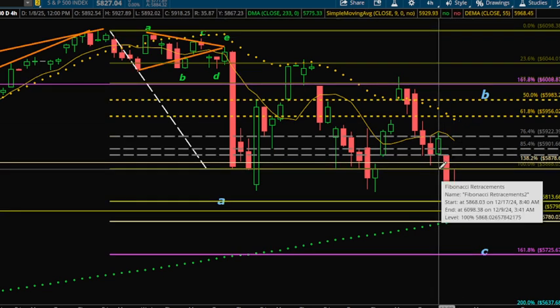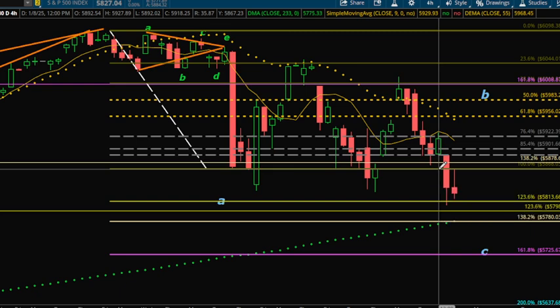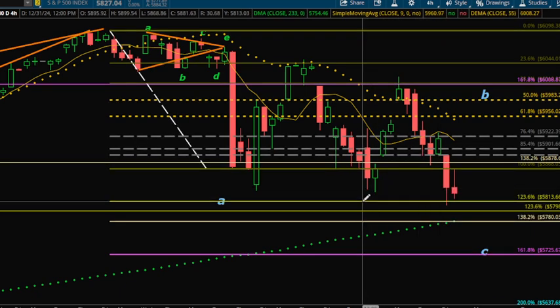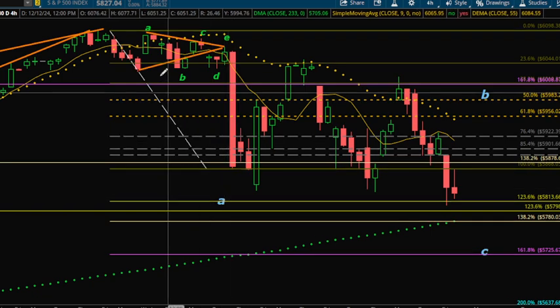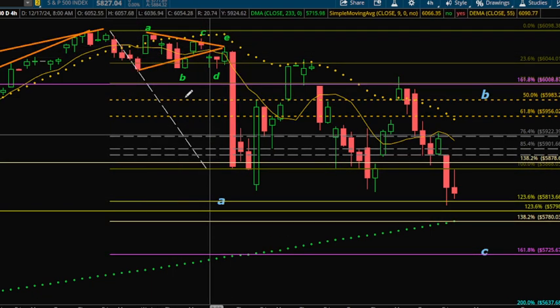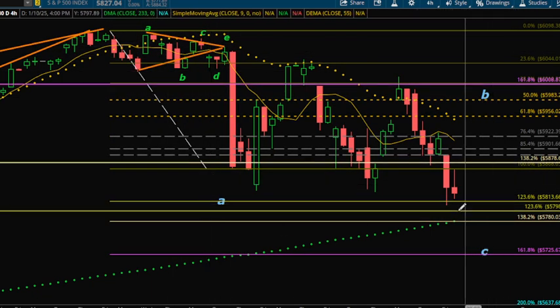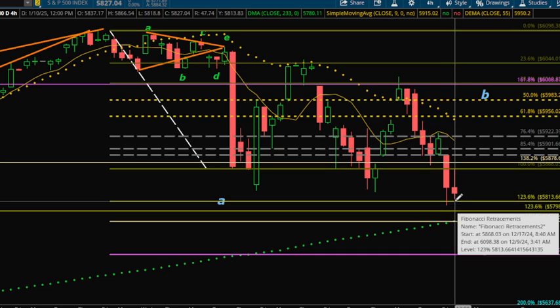Now, the market likes to hide patterns inside other patterns. So what I mean is, I measured this A leg, right? This zigzag pattern, and I've got a target of 58.1366, which is pretty much right on the money.